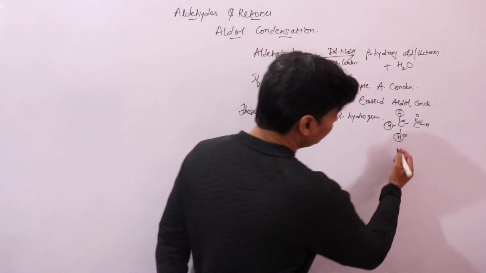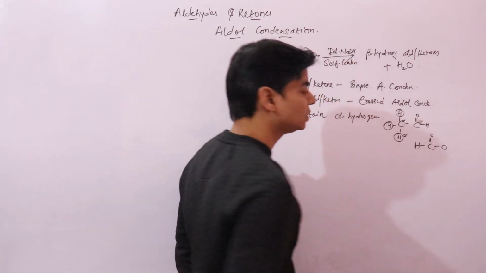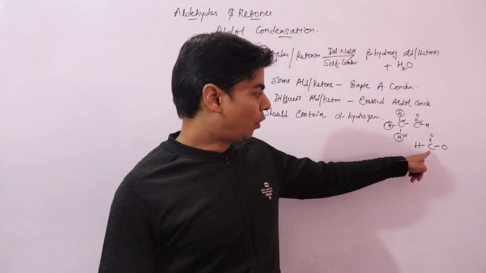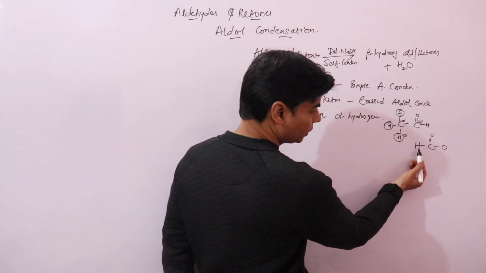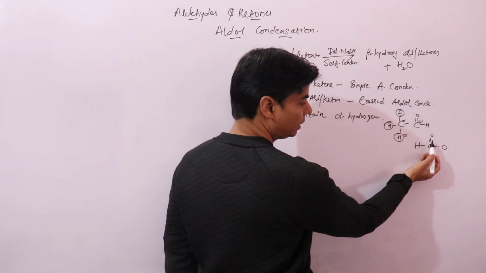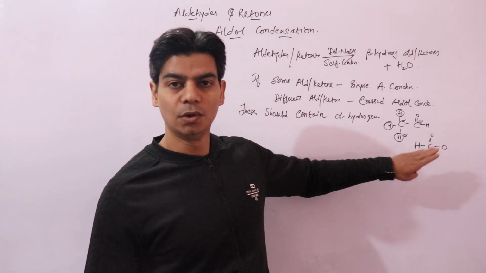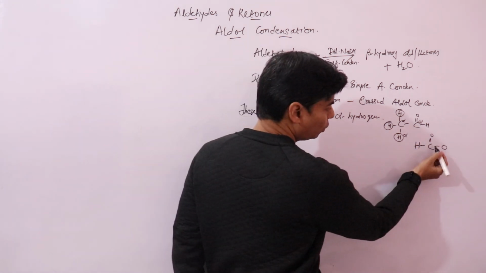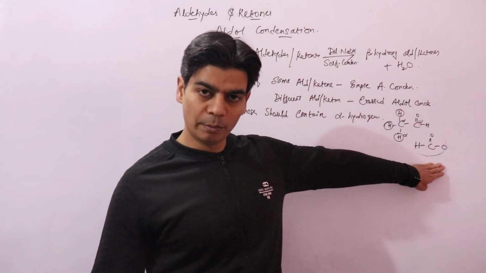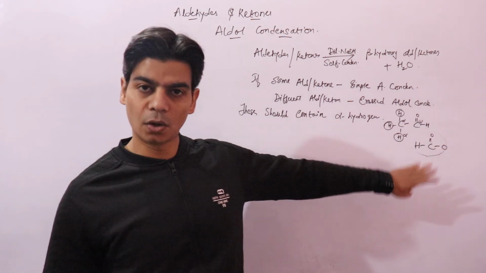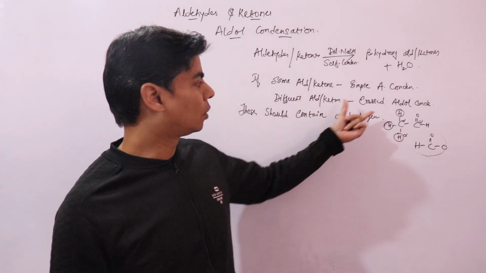Now if you look at this HCHO, this is your formaldehyde. Formaldehyde, if you see, does not contain alpha hydrogens because there is no carbon connected directly to this carbonyl carbon. So no alpha carbon means no alpha hydrogens. Since you do not have any alpha hydrogens in formaldehyde, formaldehyde will not undergo aldol condensation, but it can take part in crossed aldol condensation.